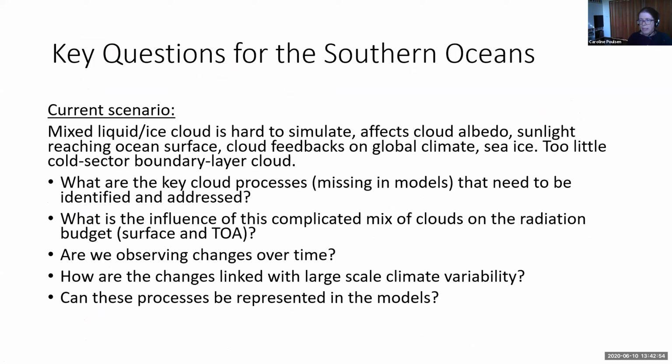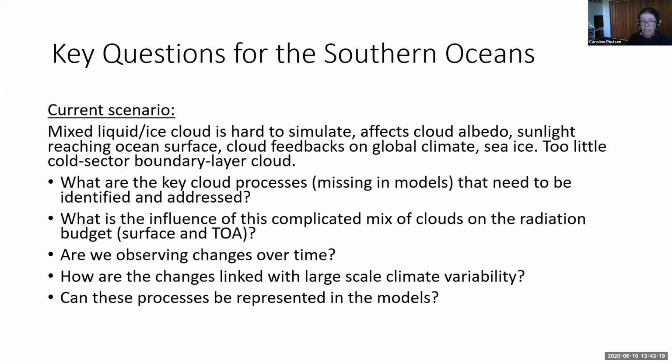So we want to know what are the key cloud processes missing in the models that need to be identified and addressed. What is the influence of this complicated mix of clouds on the radiation budget, so the surface and the top of the atmosphere? Are we observing some changes over time, and how are they linked with this large-scale climate variability? And can we improve this representation in the models?